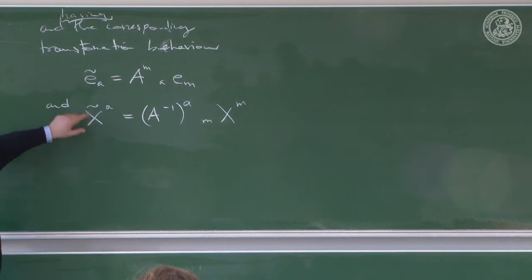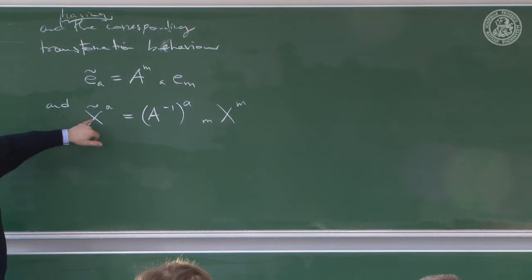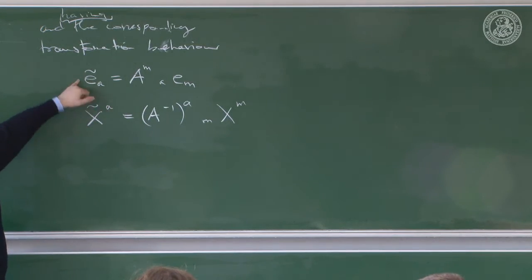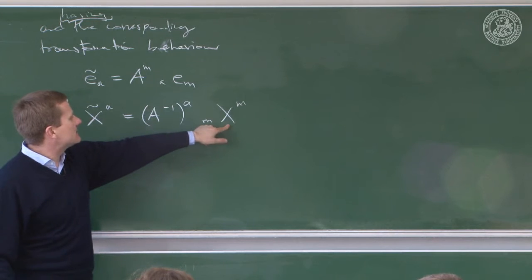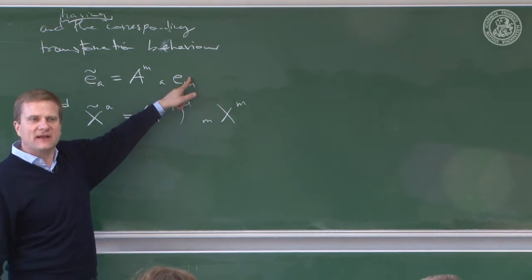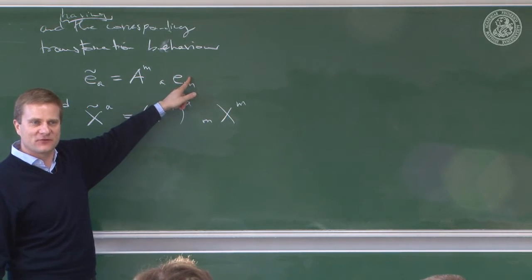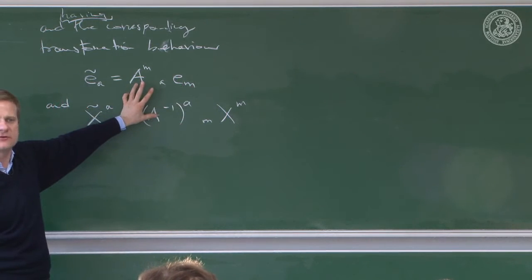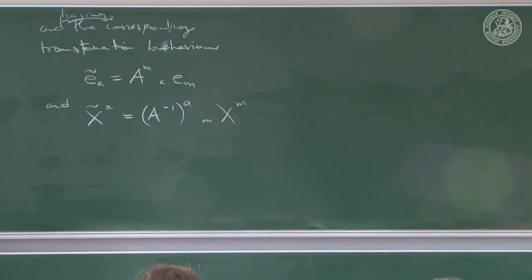Why is this? Well, because then still the linear combination of these E twiddles with the X twiddles is the same as the original components with the original basis, because the vector is the vector. It's just expressed differently. That's how we understood this A and A inverse before, right?